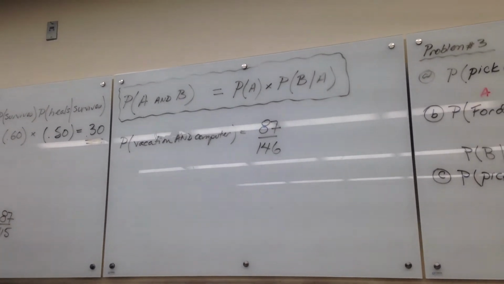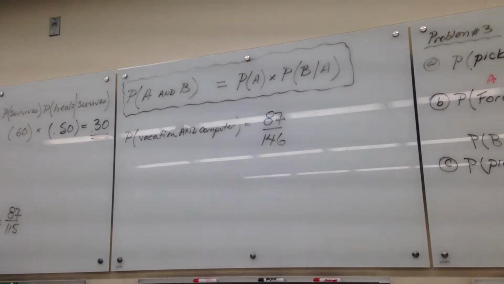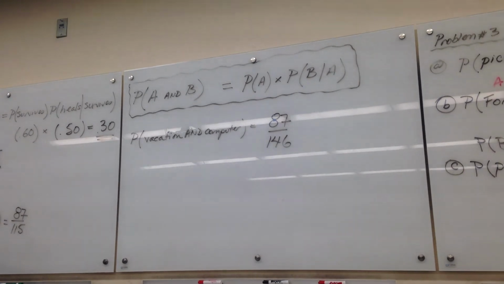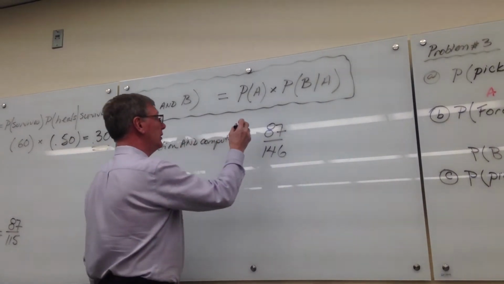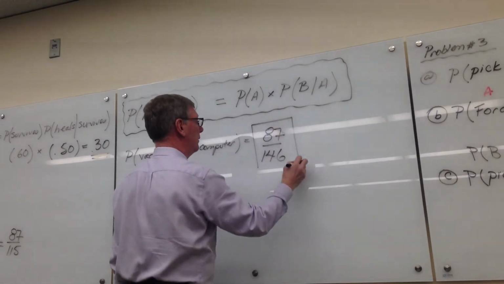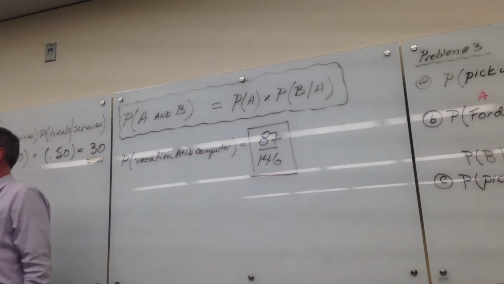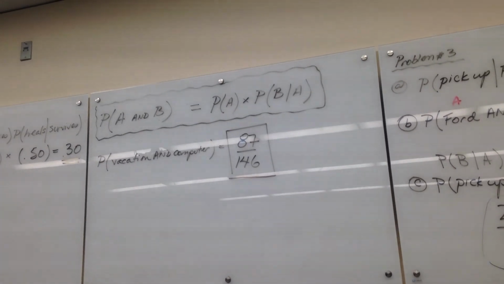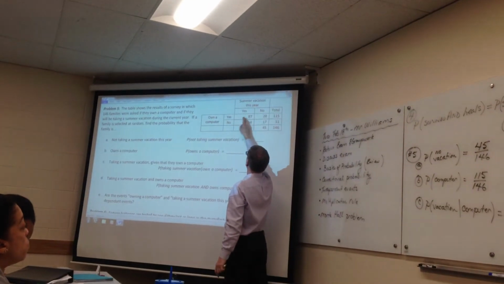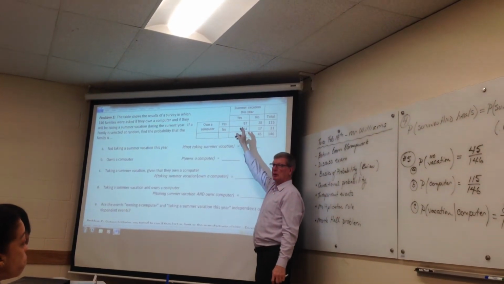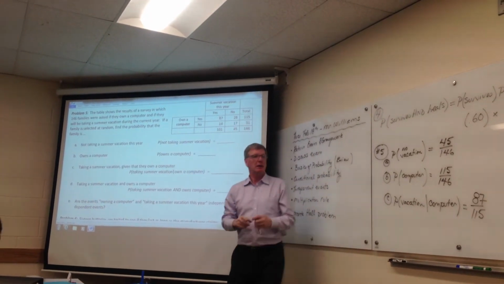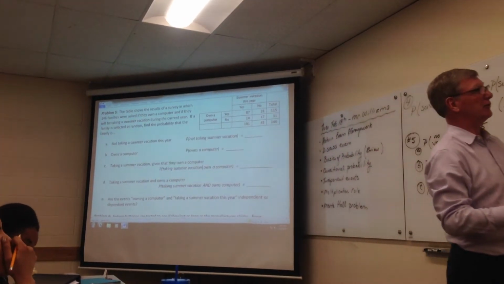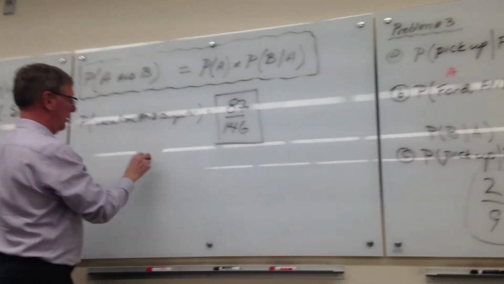I'm going to let you guys do the last one, but I want to talk about the multiplication rule on the answer Nick just gave me for a second. You did a really good job of simply looking at this grid and saying, I can see the 87 people that meet both criteria, vacation and own a computer, and there's 87 out of the 146. But let's apply the multiplication rule just to verify.